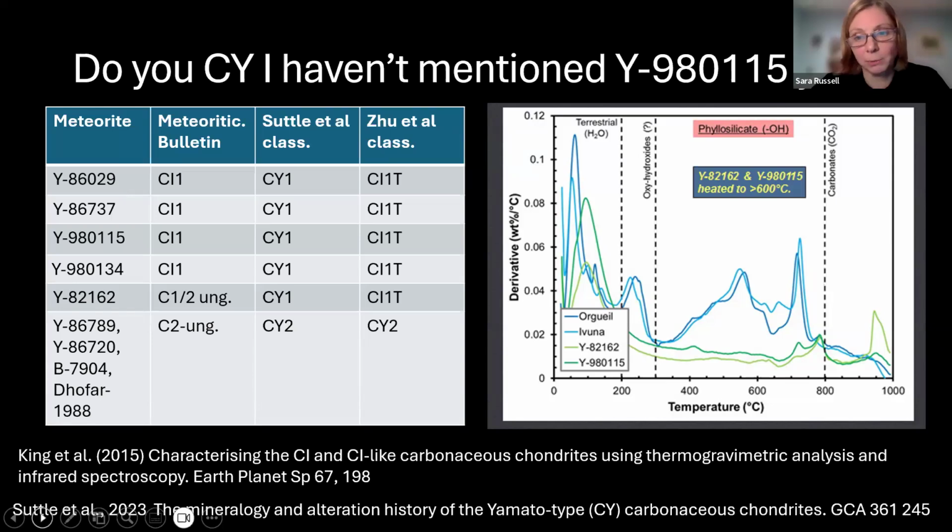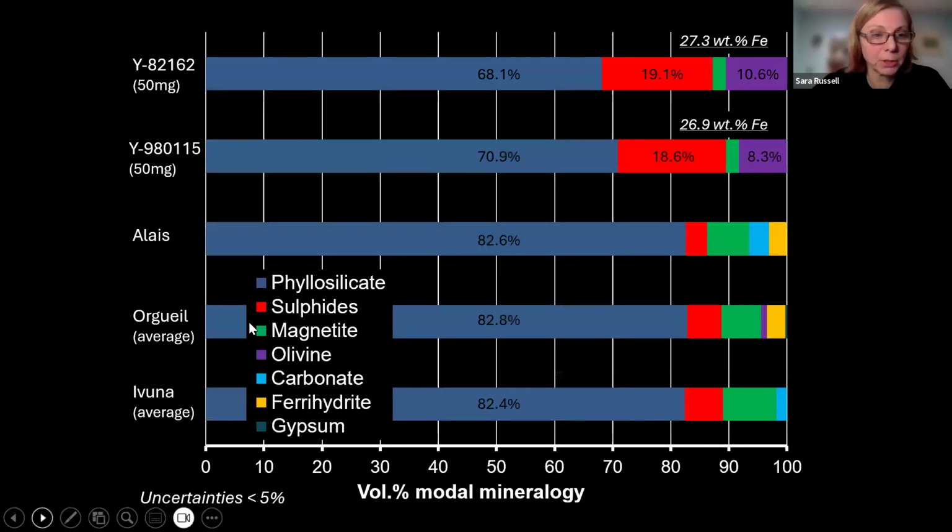And this really complicates our interpretation of them because it's very hard to disentangle what features in there are due to heating and what were potentially original differences or similarities between them and CI chondrites. So their chemistry is broadly similar to CI chondrites, but their mineralogy is very different.